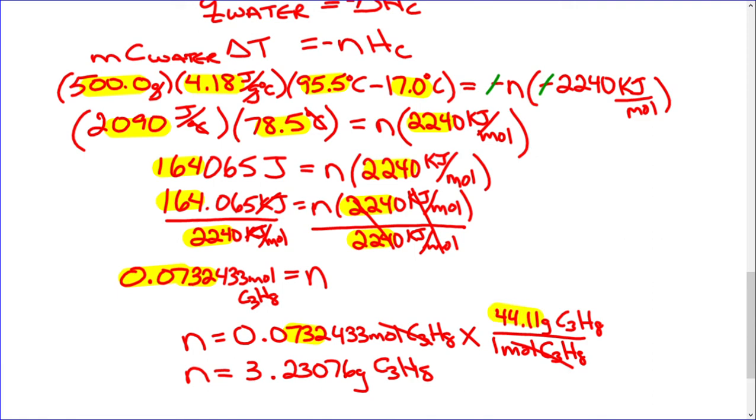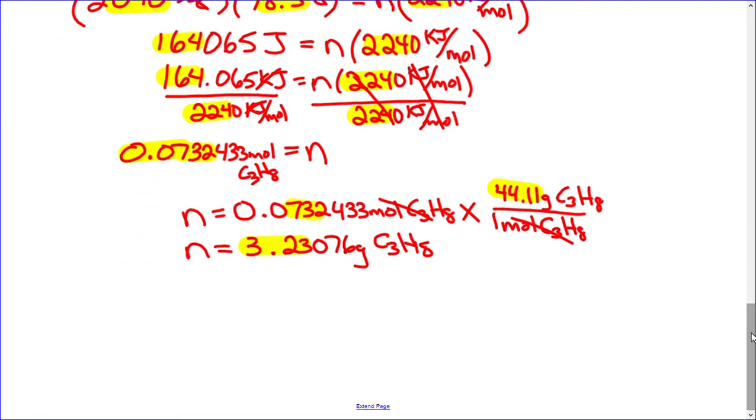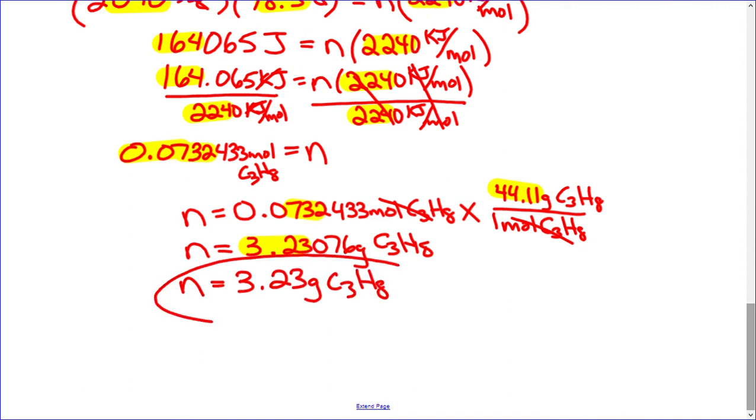Multiply a 3 significant digit number times a 4 significant digit number, I'm going to have 3 in my answer, so it should be 3.23 as a final value. Okay, so N is equal to 3.23 grams of C3H8. So that helps me find the amount of that value with the right amount of significant digits.